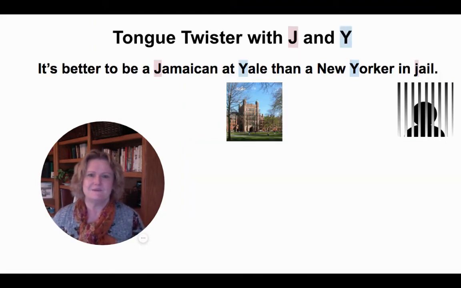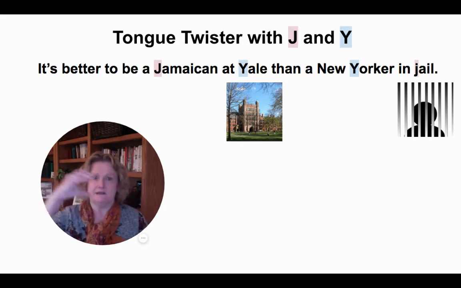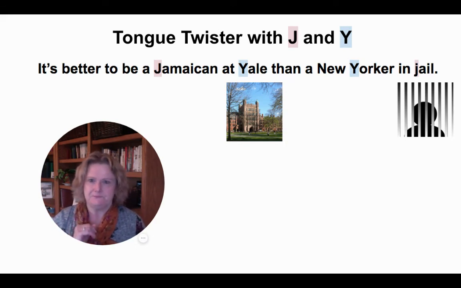And finally, we have a tongue twister here with J and Y, as in Y, J and Y. All right, so you got J, which is a stop, J. In pink and in blue, you have Yale.